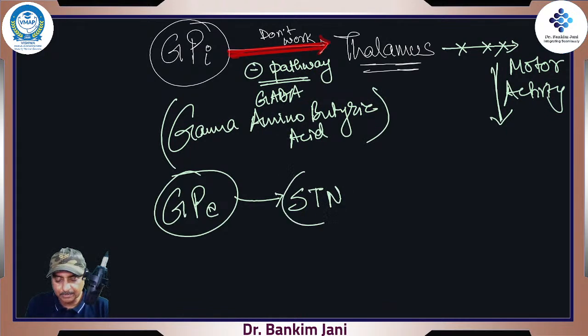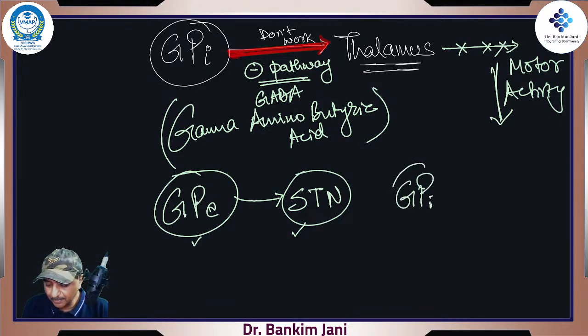It will tell the subthalamic nucleus, right? After just two or three minutes, we'll be talking about subthalamic nucleus also, because as such we learnt it in thalamus. Anatomically it is located in the subthalamus, but its use is with the basal ganglia. So when GP is activated, it will tell the subthalamic nucleus to go and tell the GPI not to disturb thalamus.